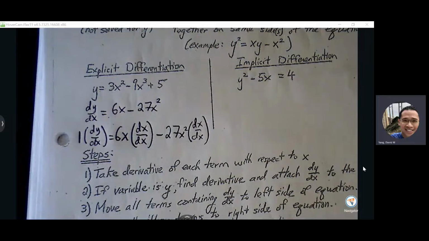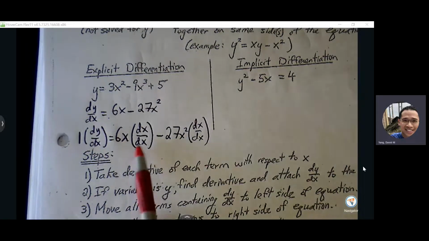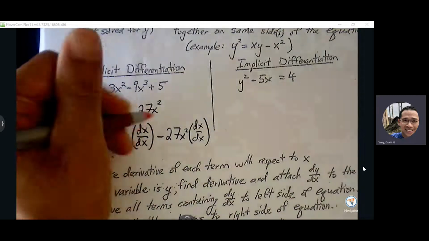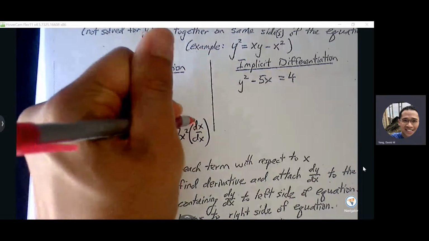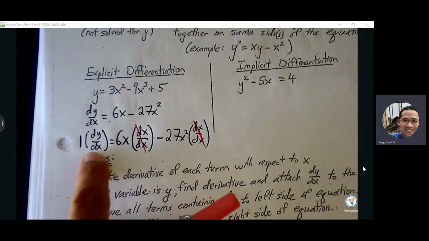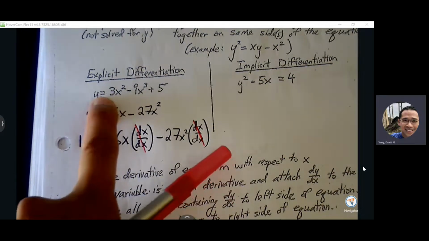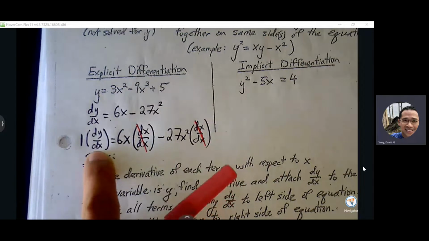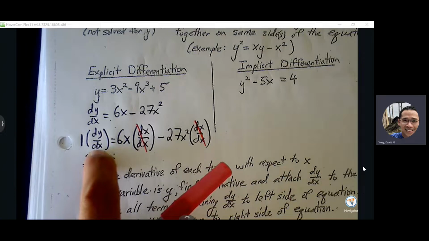Now, every variable has this going on, but we ignore the dx over dx because any variable by itself is just one. So we never really did anything special with the x's. But because the y is a dependent variable, that dy dx is not going to quite go away. So it's going to have to stay, and it's going to represent the derivative variable.